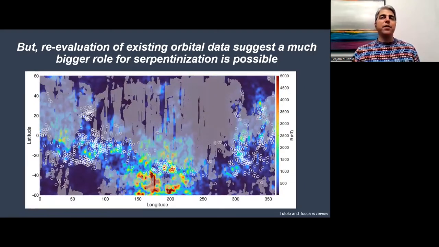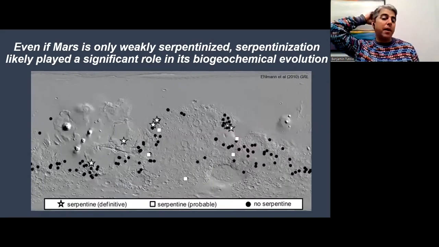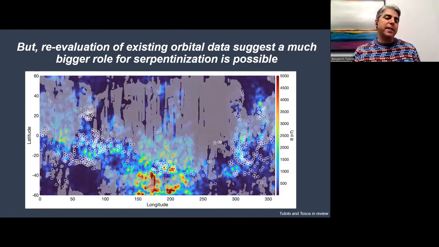But in this plot, they're looking for minerals like lizardite, antigorite, or chrysotile. If we look instead for hisingerite specifically, all of these circles would be consistent with orbital identifications of the mineral hisingerite. And the background here is the magnetic anomaly map showing areas of high magnetic anomalies.